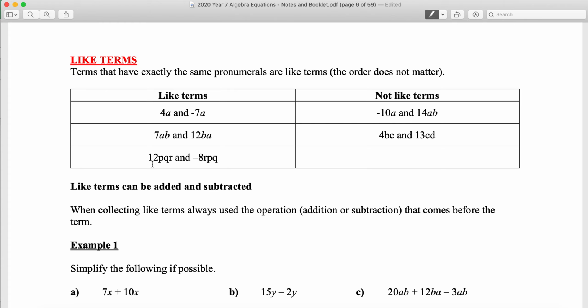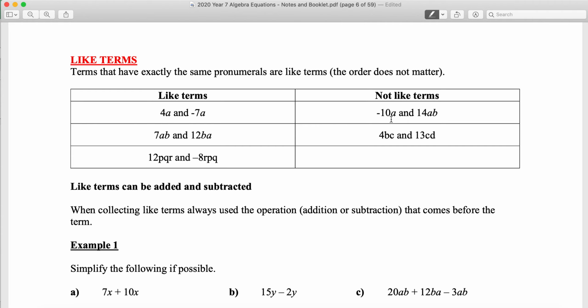What about this one? 12pqr and negative 8rpq. So the same thing. The coefficient here is positive, the coefficient here is negative, but do I have the same pronumerals? 1p, 1p, 1q, 1q, 1r, 1r. Yes, they are like terms. Okay, it says here that these are not like terms. Let's see why not.